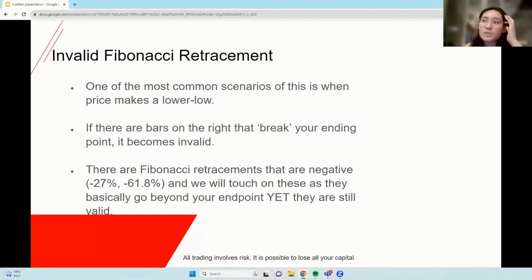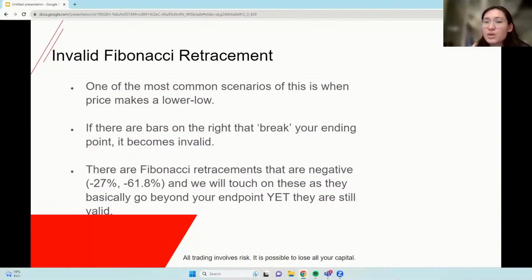One of the most common scenarios of this is when price makes a lower low, assuming you are drawing Fibonacci retracement from the top to the bottom of the picture. As I showed you guys in one of the GIFs, we're drawing the Fibonacci retracement from the top to the bottom. So that's what we need.